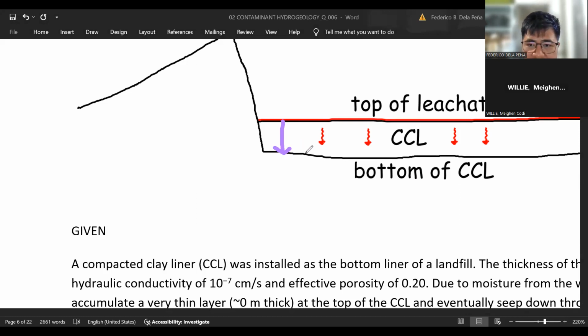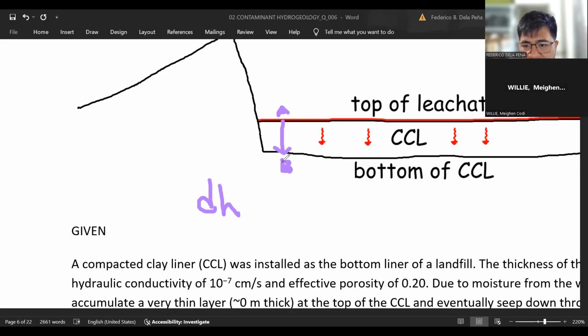And the head loss is basically, so you're going from point A to point B, the change in elevation from point A to point B. That's your DH, or your head loss.